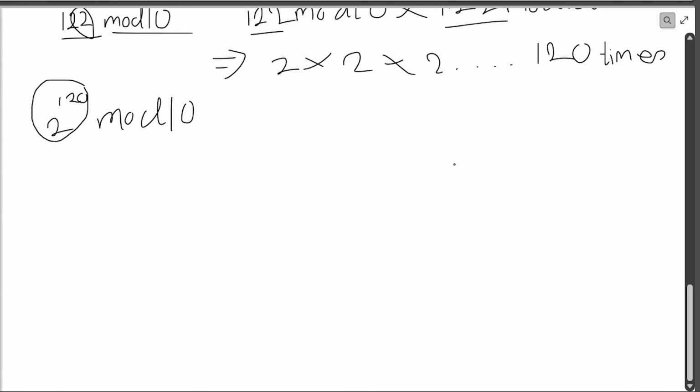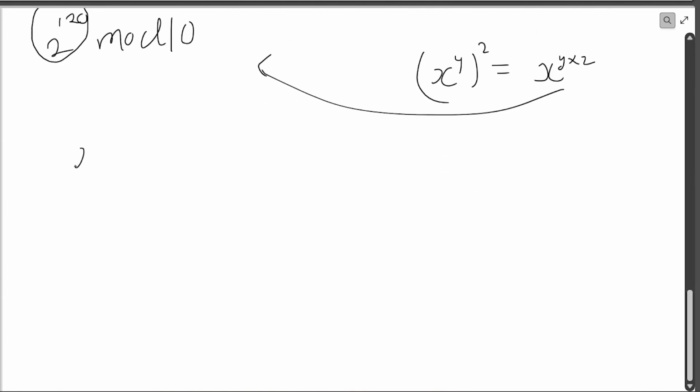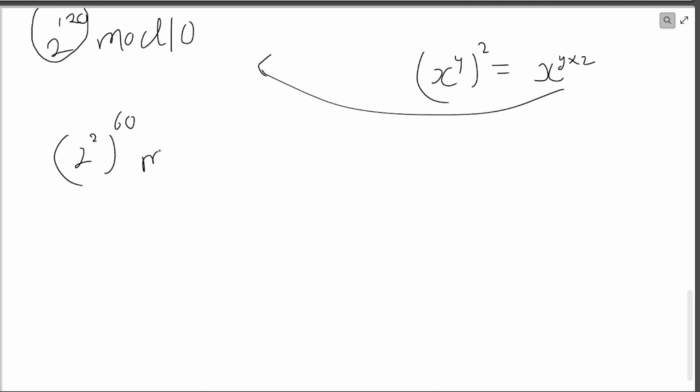Everyone knows the property that (x^y)^z equals x^(y·z). So using that property, we can break this into (2^2)^60 mod 10. Correct? Because 60 times 2 would give us 120.